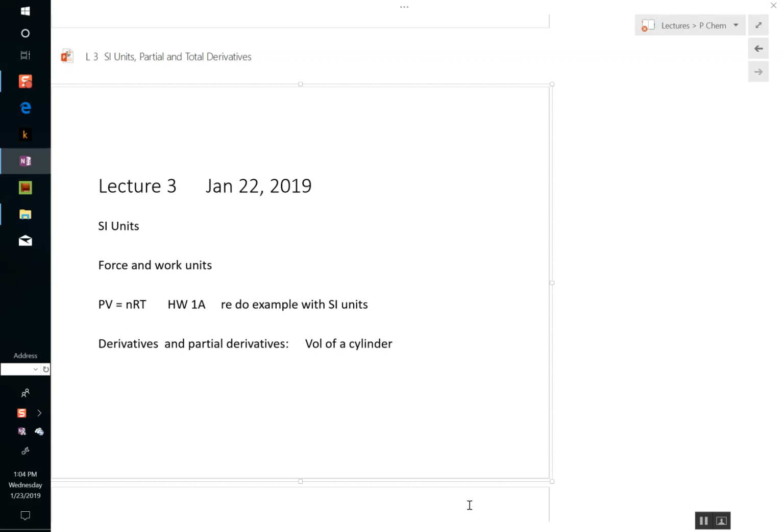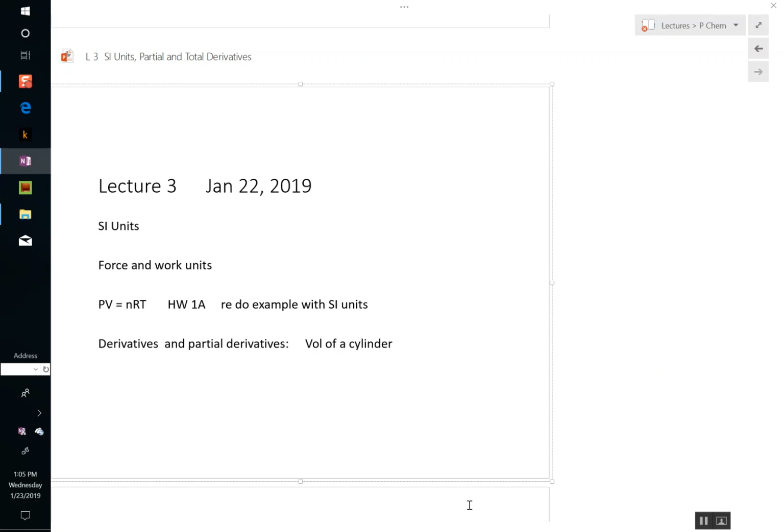Just some simple considerations. The first day I said, let's go from known to new. Known to new. So force, and I just want you to think in terms of units.